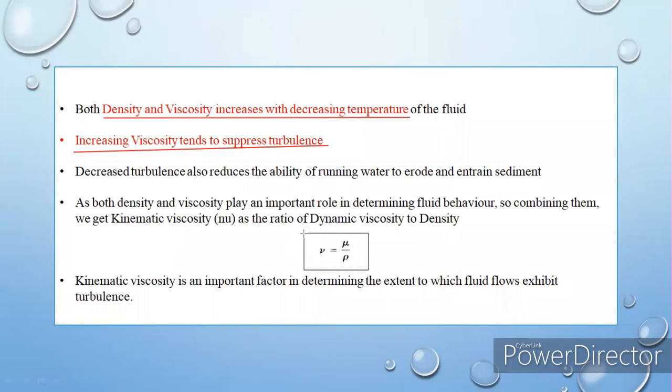As both density and viscosity strongly affect fluid behavior, combining them we get kinematic viscosity nu, which is the ratio of molecular viscosity to density, and expressed as nu is equal to mu divided by rho, where nu is the kinematic viscosity, mu is the molecular viscosity, and rho is the fluid density.